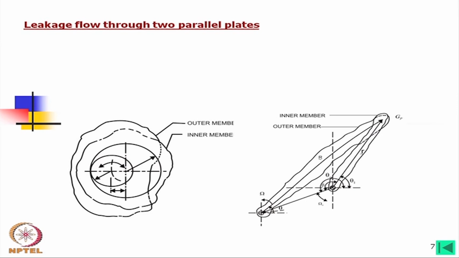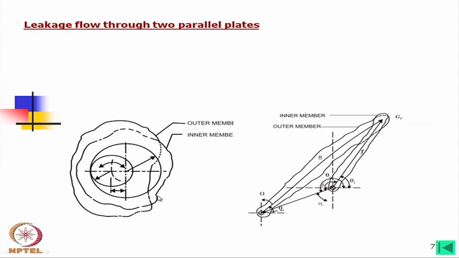Now, in this figure what I have shown, there is one outer member and this is the inner member. One is moving over the other.